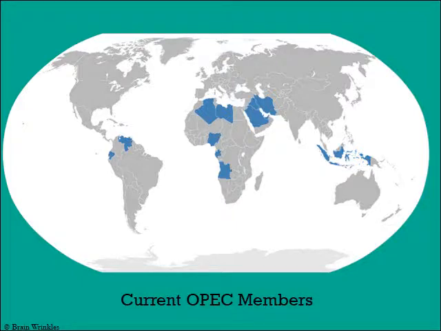Go over here to South America, you've got Venezuela. You get down into South and East Asia, you've got Indonesia down there, that island chain. And then you've got a bunch of them through Africa up towards the top. You've got Libya, countries like that. So OPEC, again, has spread beyond its original 6 members.